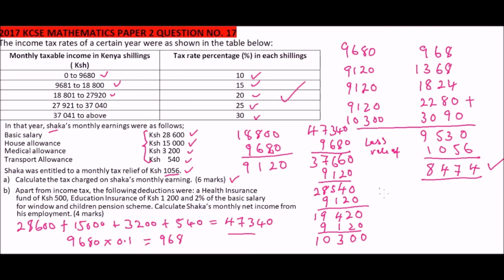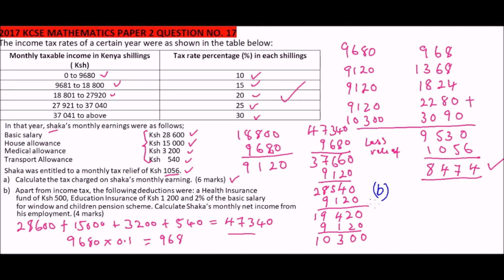In part B of the question, we are told, apart from the income tax, the following deductions were made. 500 was deducted for health insurance, education insurance of 1,200, and 2% of the basic salary for the Widows and Children Pensions Scheme. We are required to find the amount that he earns at the end of the month.